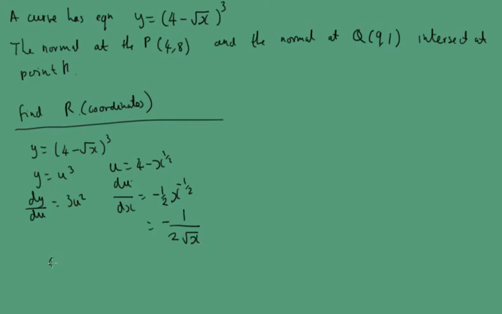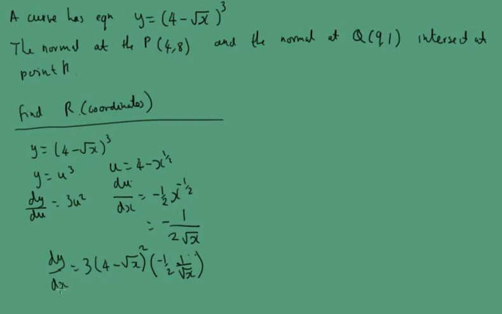And therefore dy by dx is going to be 3 times (4 minus square root x) squared, oops, sorry, not cubed, squared, then minus a half, 1 over root x.